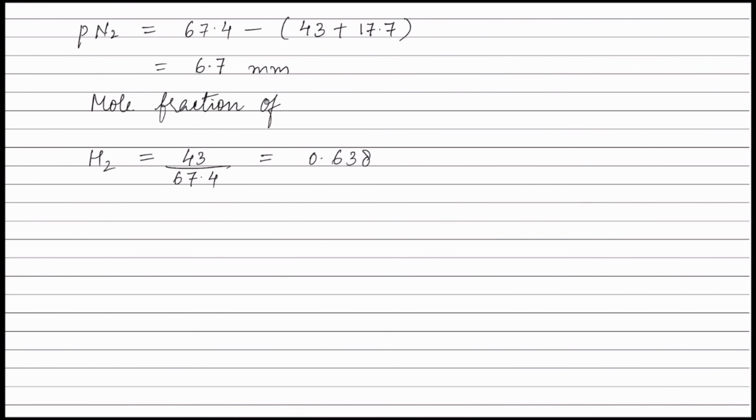Mole fraction of oxygen is equal to partial pressure of oxygen, that is 17.7, divided by total pressure, that is 67.4, and this is equal to 0.262. Mole fraction of nitrogen is equal to partial pressure of nitrogen, that is 6.7, divided by total pressure, that is 67.4, and this is equal to 0.1.